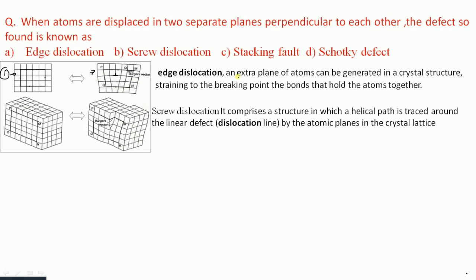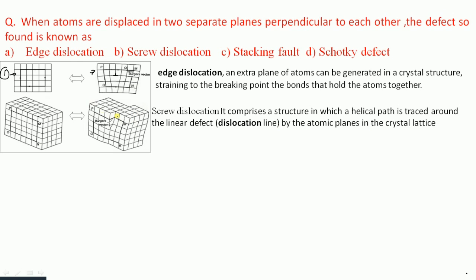What happens here is that an extra plane of atoms is generated in a crystal structure, straining to the breaking point the bonds that hold the atoms together. So this is edge dislocation, whereas screw dislocation comprises a structure in which a helical path is traced around the linear defect, that is the dislocation line, by atomic planes in the crystal lattice.